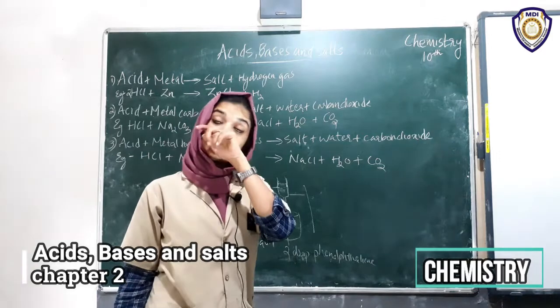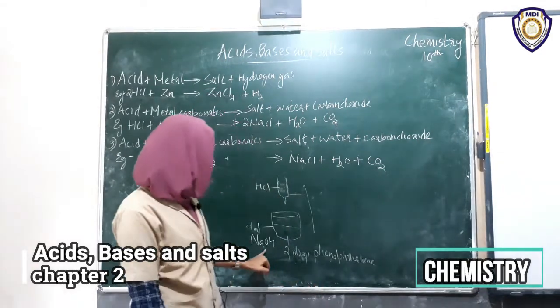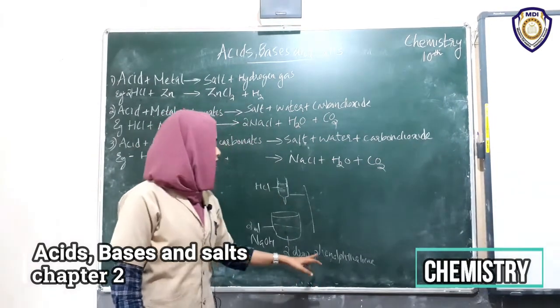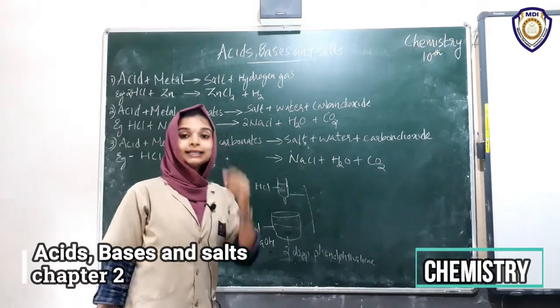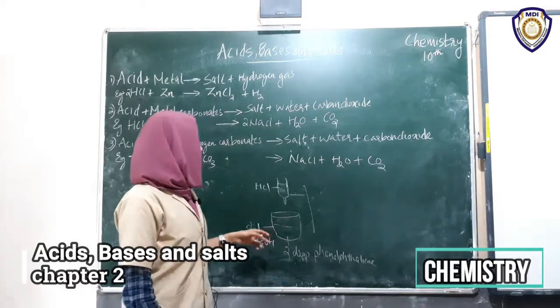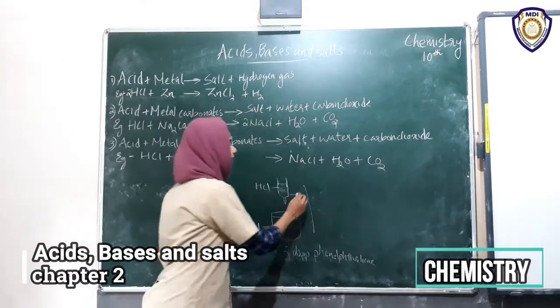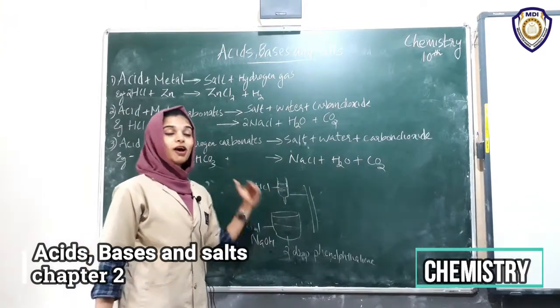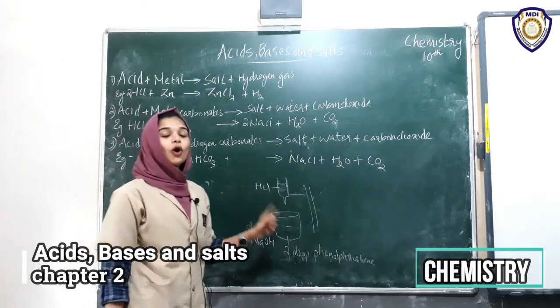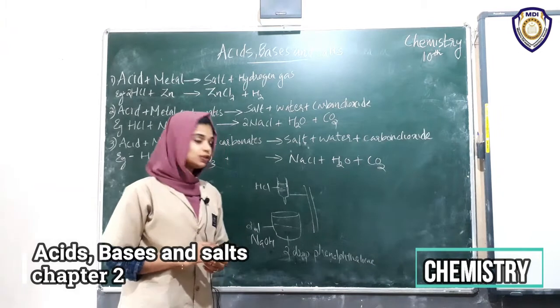Phenolphthalein gives pink color in the presence of base NaOH. Sodium hydroxide is a base. So when we add 2 drops of phenolphthalein to sodium hydroxide, it turns pink color. So let's see what happens when we add HCl dropwise to this NaOH sodium hydroxide solution.